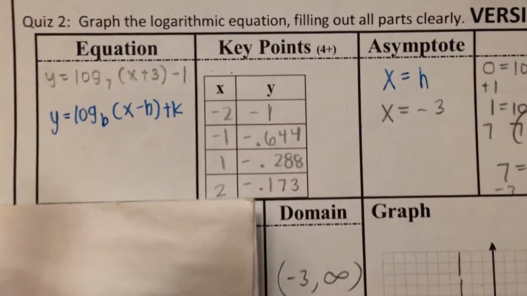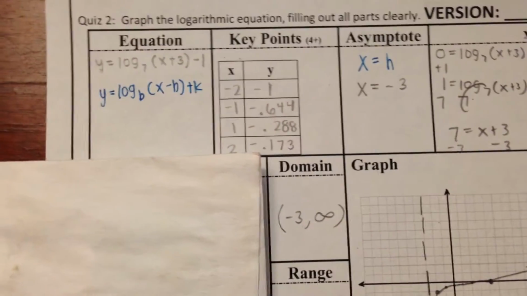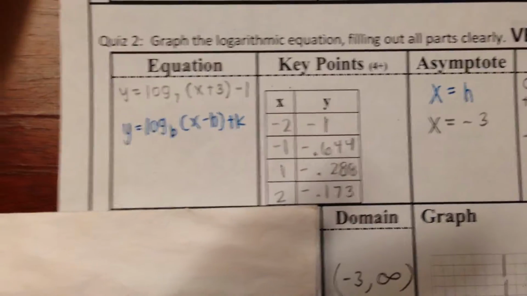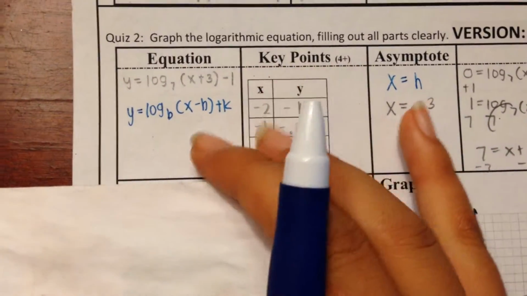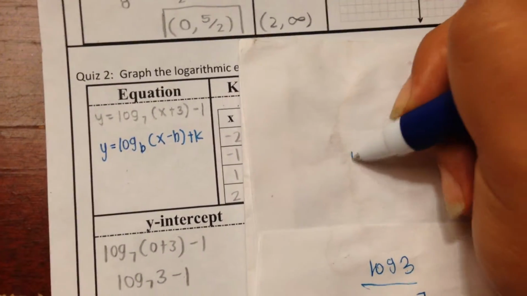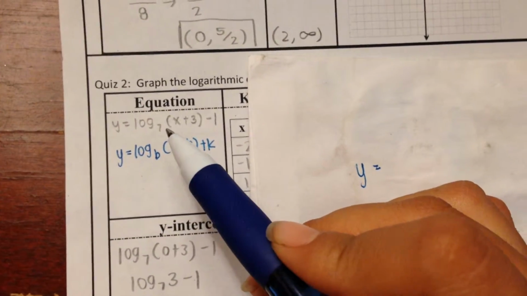And for here, I just found a few points, and you want to think about them and plug them into your calculator first. I don't have my calculator to show you, but let me write this out for you. You can't plug this directly into the calculator, so we have to do the change of base formula again.